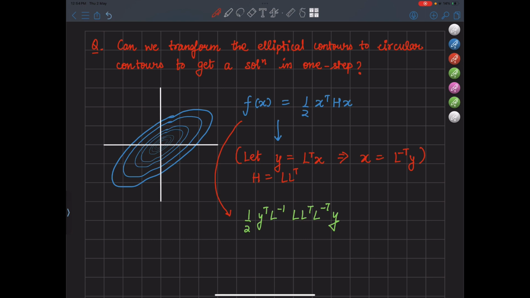You can see these are inverses, and this becomes half y transpose y, which has circular contours.